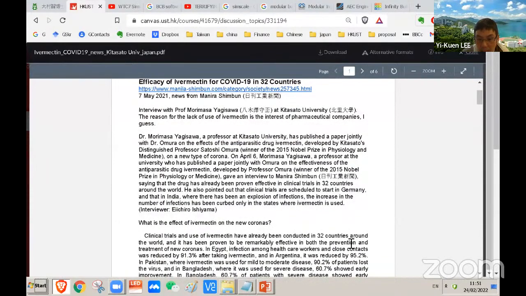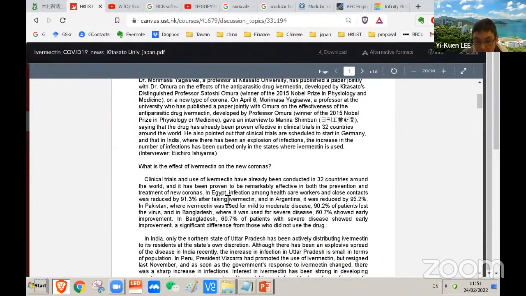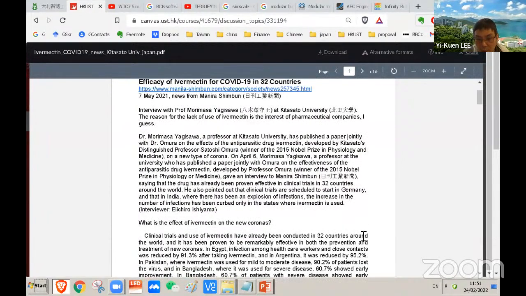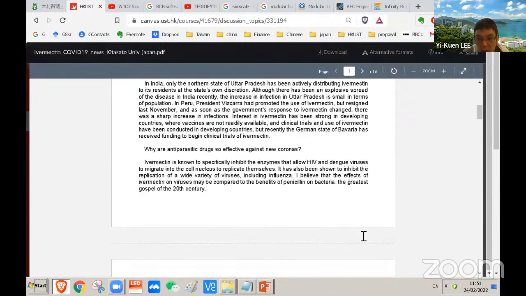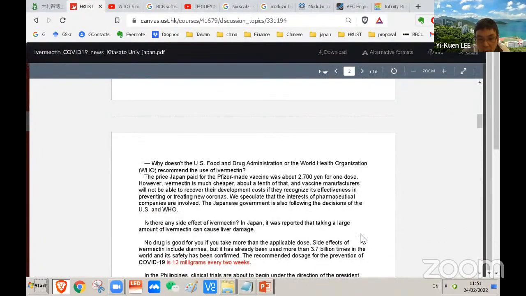But unfortunately, there's a big issue. The efficacy of this low cost ivermectin is very effective. But because the big pharmaceutical companies also spend $1 billion to develop new drugs, they prevent this low cost ivermectin from being widely used. So WHO doesn't recommend it.